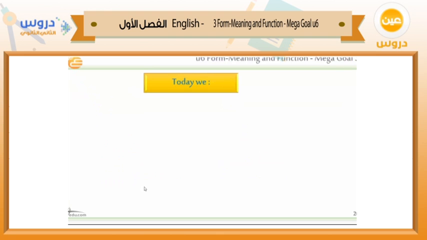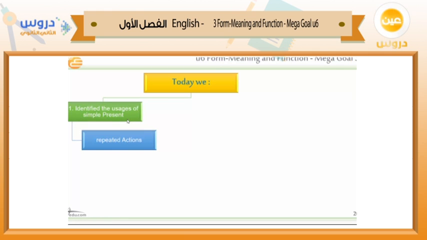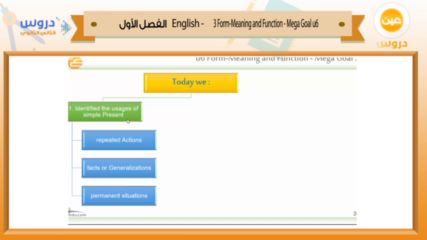This is the end of today's lesson. Today we identified the usages of simple present. We said we can use simple present with repeated actions, facts or generalizations, and permanent situations. Also, we identified the usages of present progressive.